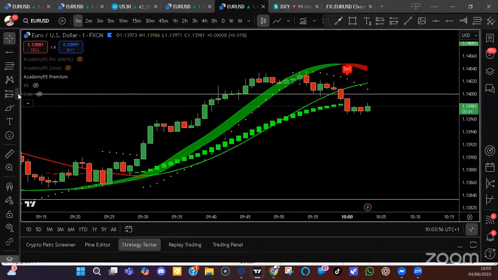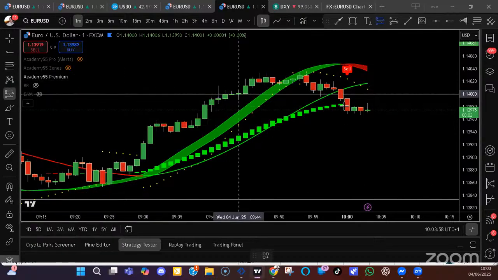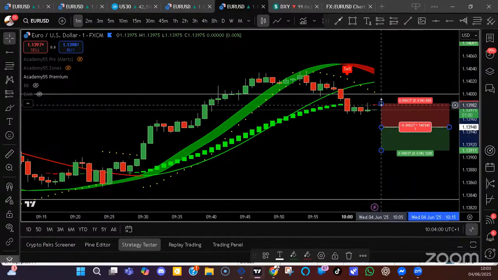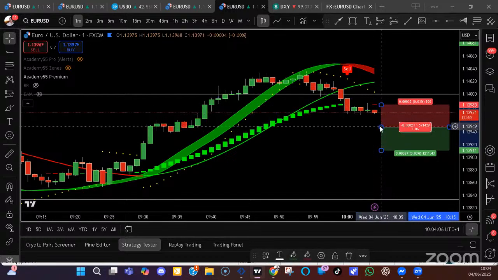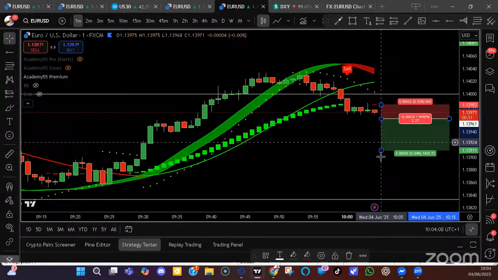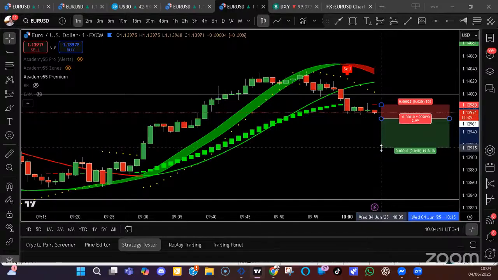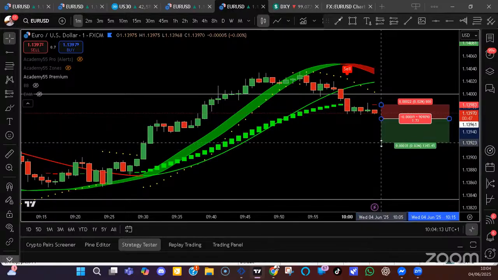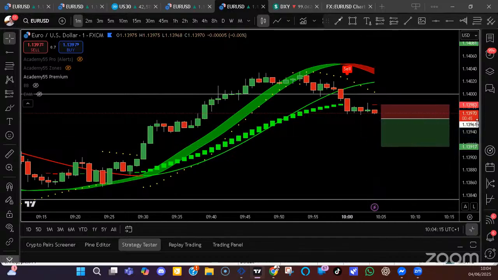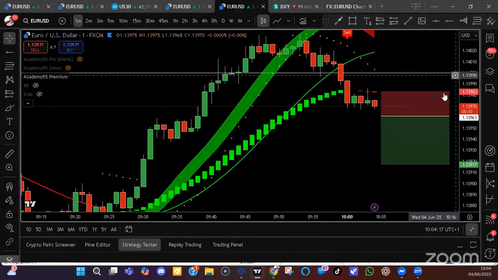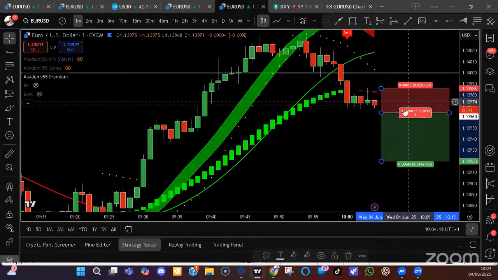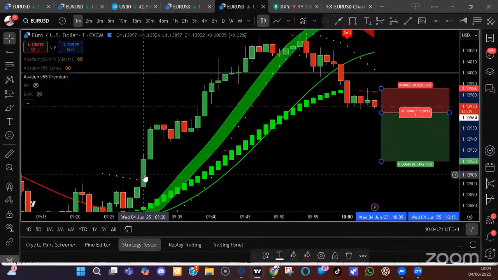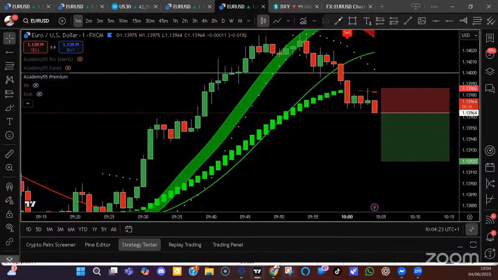And I might as well go short. This is where it's going to be. That's just started to go red. 2 pips, 2%, sorry. There we go. So this is where we are. And yeah, that looks good.